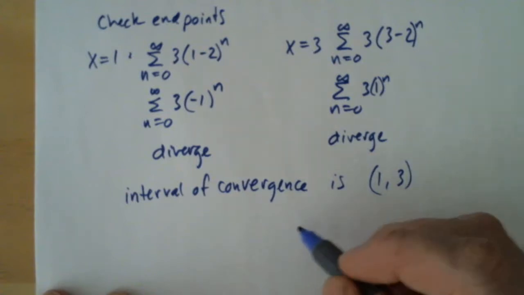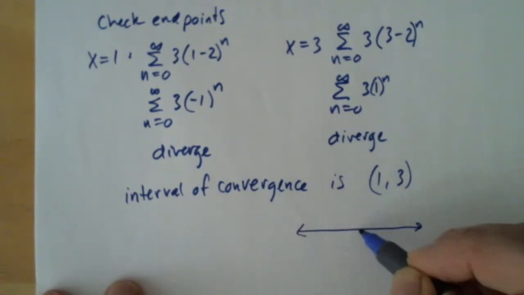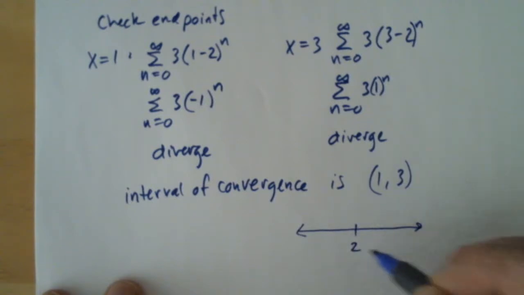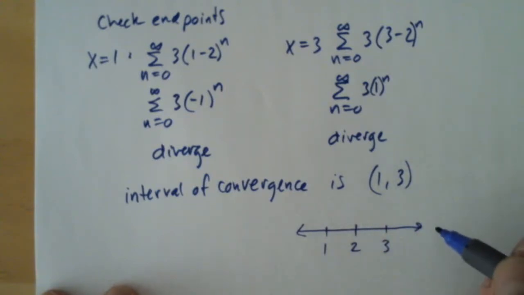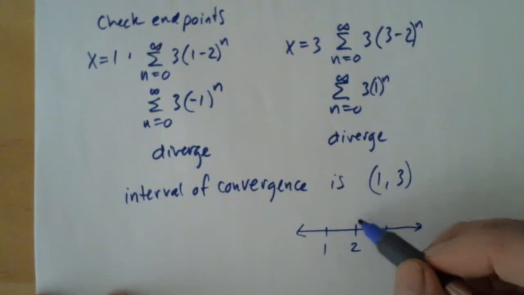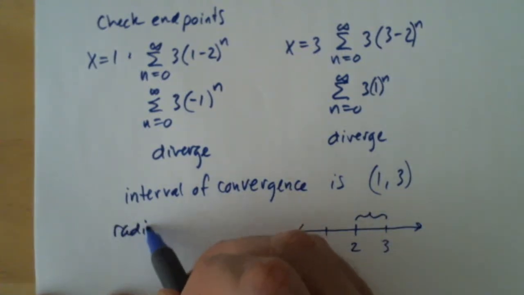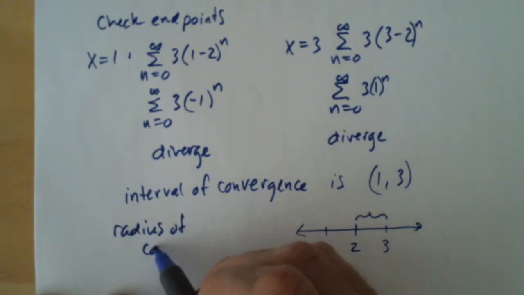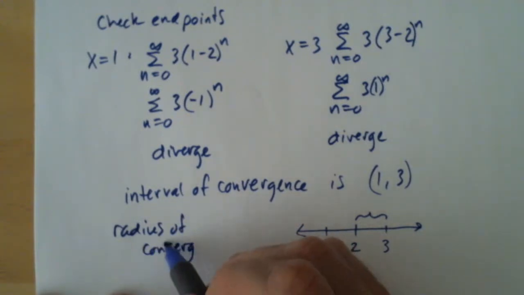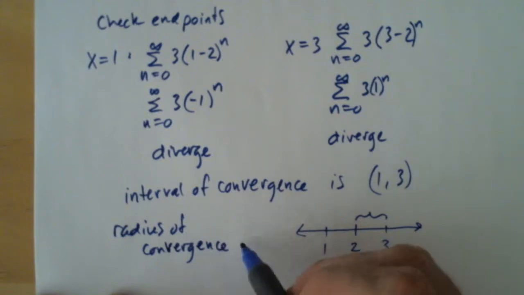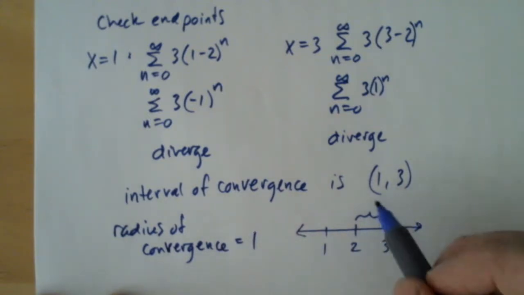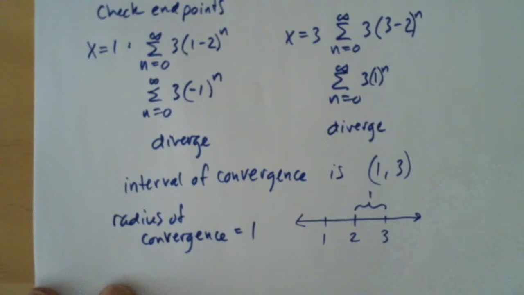We also have some vocabulary, the radius of convergence. So we could say that the series is centered at 2, and it will converge up to 3 and down to 1. And this is called the radius of convergence. The radius is 1.